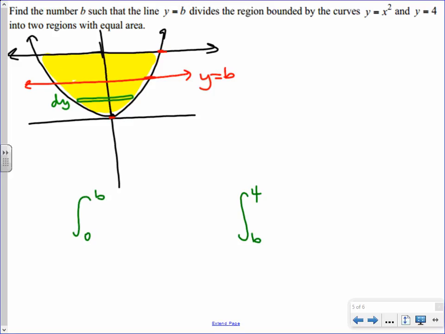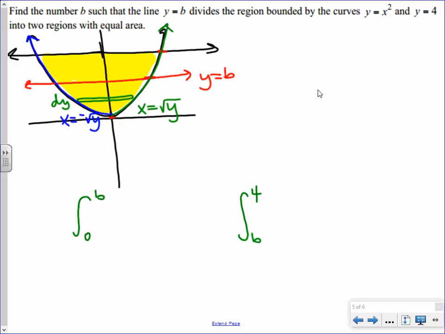Now, let's talk about those rectangles there. Okay, we need a right function and we need a left function. Well, if we write this right function right here, that would be, if we solve for x, that's how we get functions in terms of y, we solve for x. This would be x equals radical y. And then this function on the left, this would be x equals negative radical y.